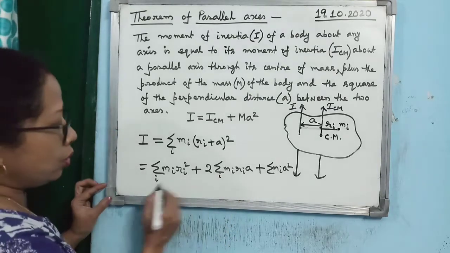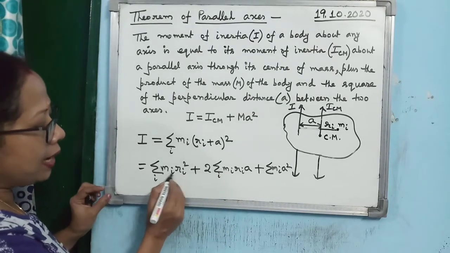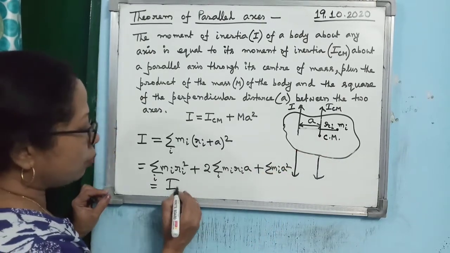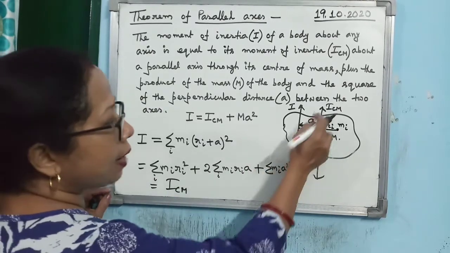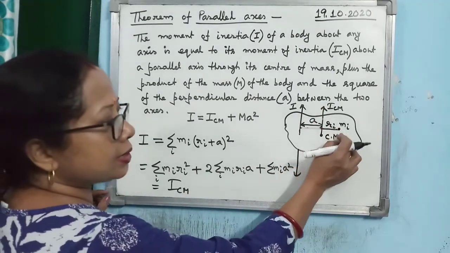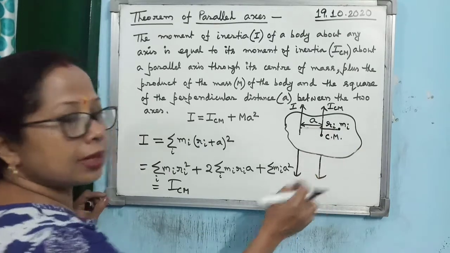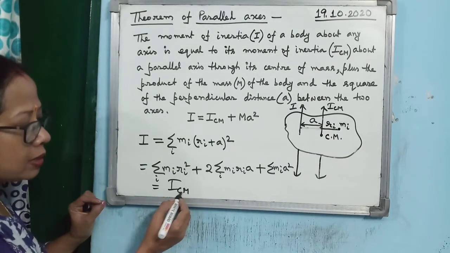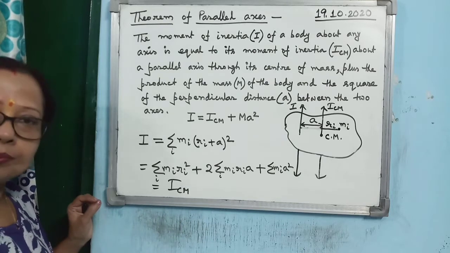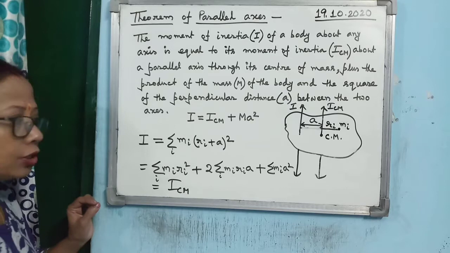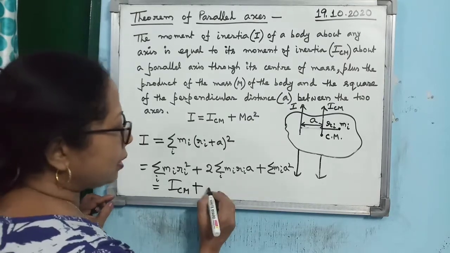Look at this sigma mi ri square. Sigma mi ri square is nothing but the moment of inertia of the body about the axis passing through the center of mass, because ri is the distance of the particle from this axis passing through the center of mass. So sigma mi ri square is nothing but ICM, the moment of inertia about an axis passing through the center of mass.